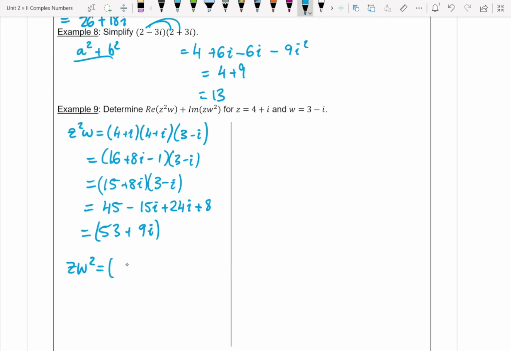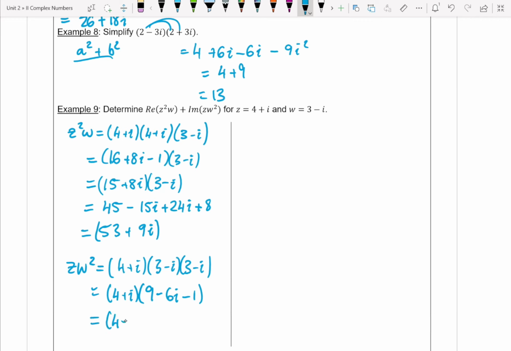So that's going to be 4 plus i, 3 minus i, 3 minus i. And again, I'm going to do my square first because I can apply binomial expansion. So we're going to get 9 plus, no, sorry, minus 6i. And then we're going to get minus 1.